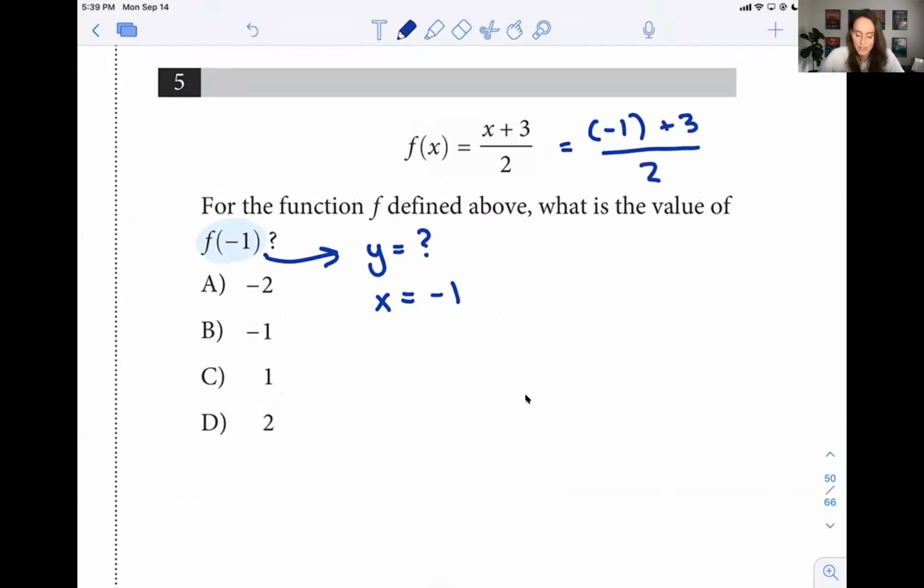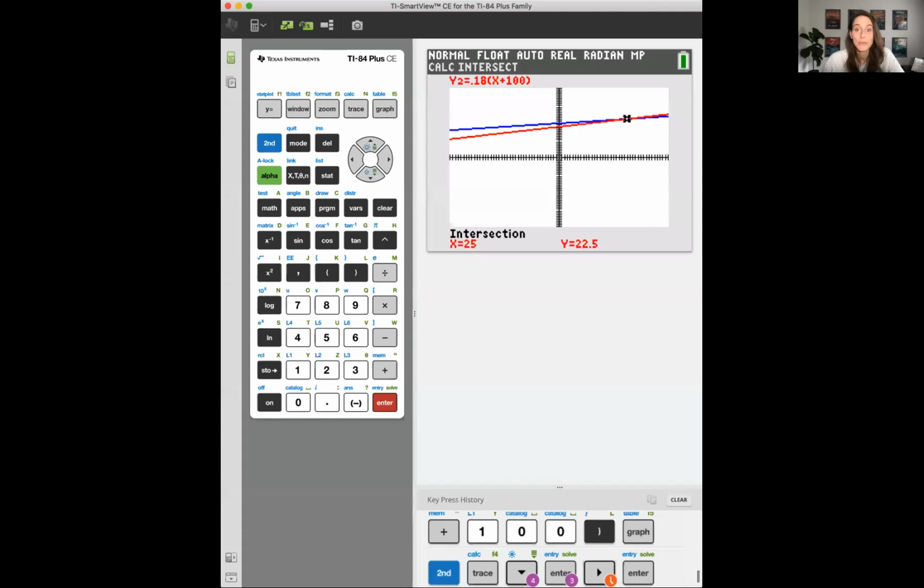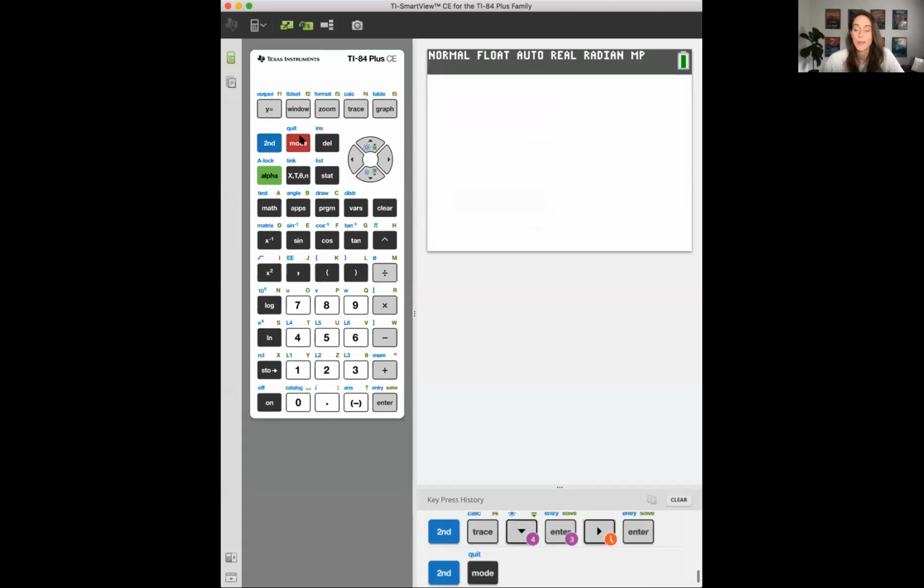So we would have -1 plus 3 over 2. There's a little trick that you can use in your calculator. There's actually 2 tricks for function questions that I'm going to show you really quickly here. So we could totally do that without using a calculator, and I wouldn't judge you if you did. I'd say that's fine. You don't need to.